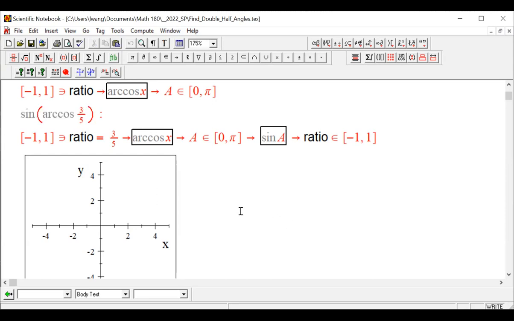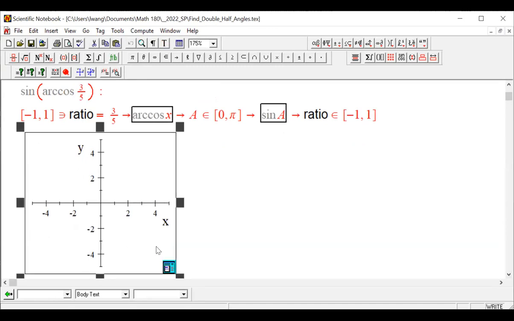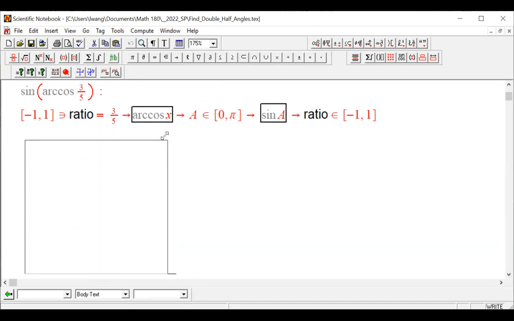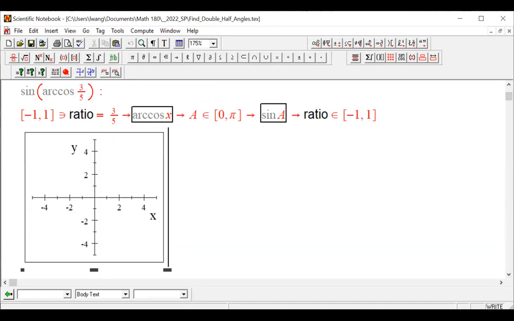There are some other interesting details because this is a positive ratio, right? We know that when we are handling arc cosine, we will chop off quadrant 3 and quadrant 4, and our angles, which are measured from standard position, counterclockwise, go from 0 to pi, and that's it.